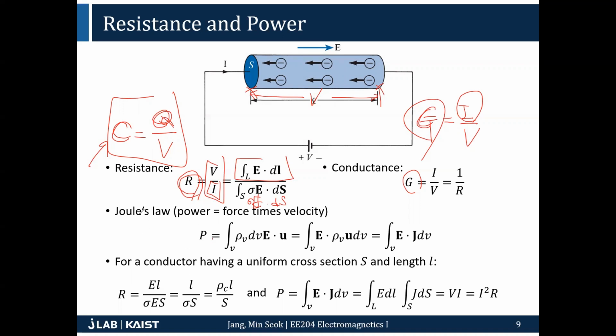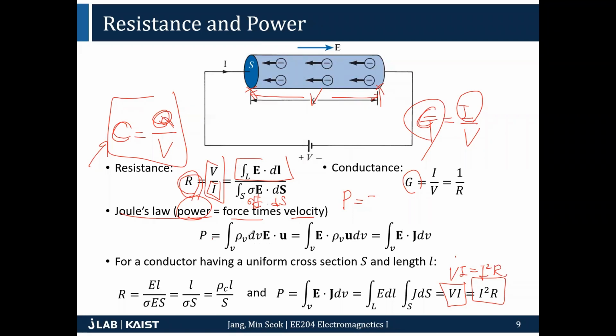And regarding the power, you probably heard about this, P equals this thing. This is a pretty famous equation: the power consumption of a resistance is VI or I squared R. This is obtained from power being force times velocity.